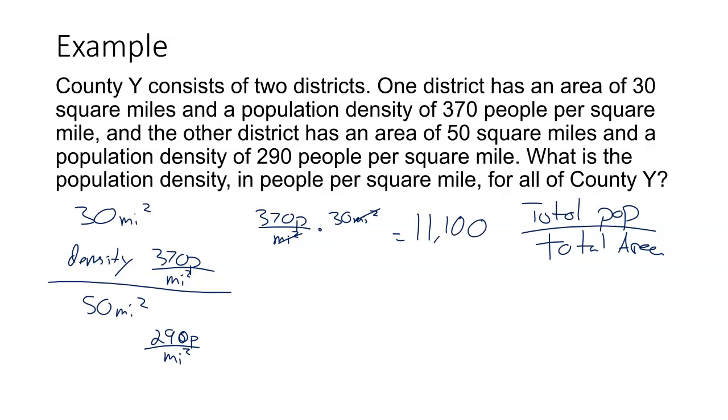There's the population of my first district. I've done it 3 times, I've memorized most of these numbers. Same thing with the other district: 290 over miles squared times the 50 miles squared for that district. Did I get it right again, Kai?